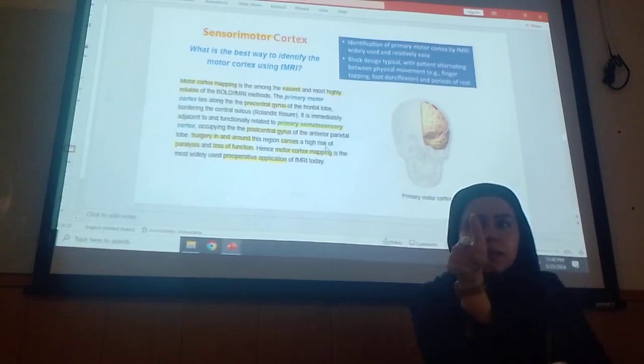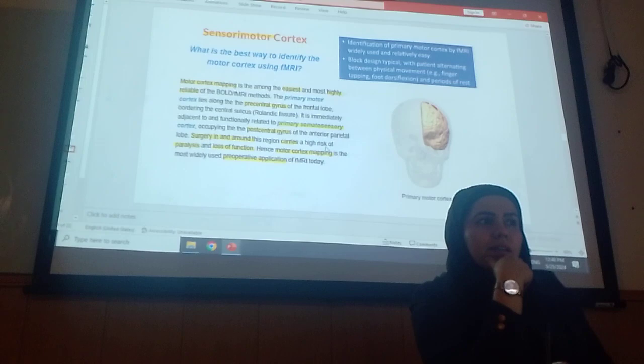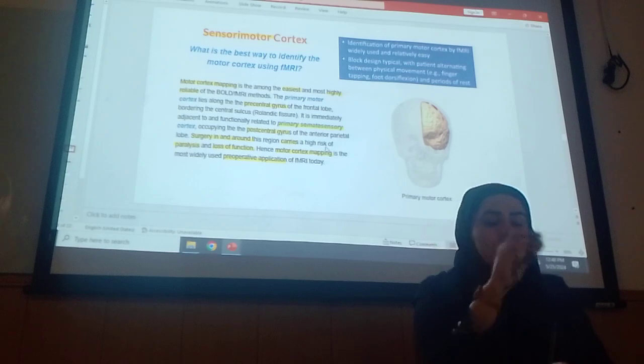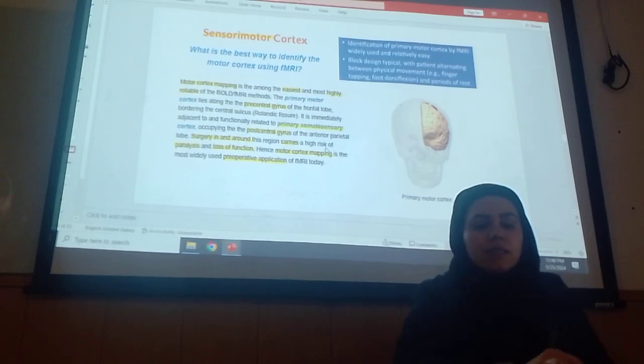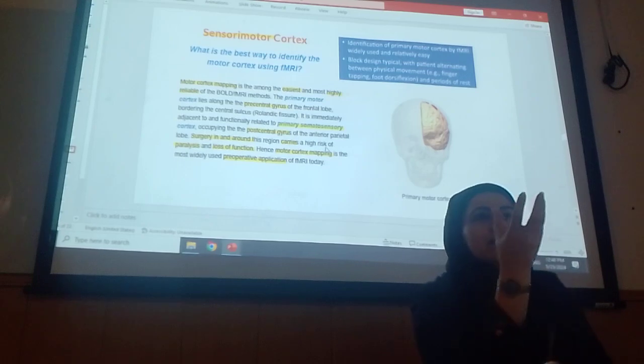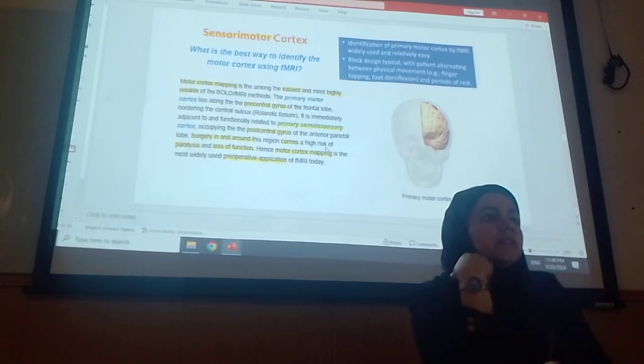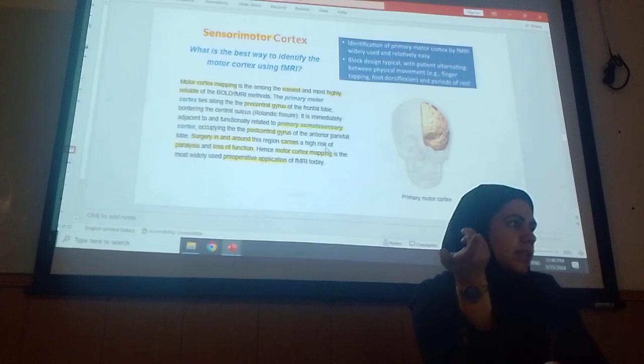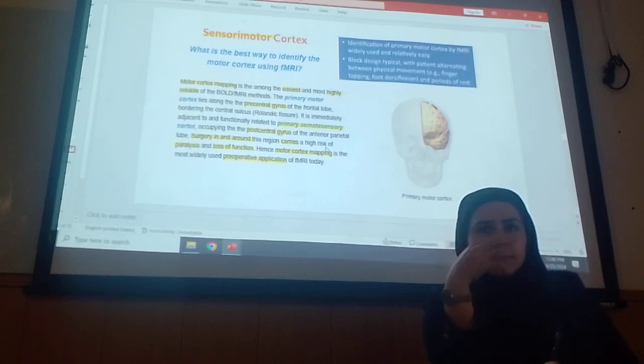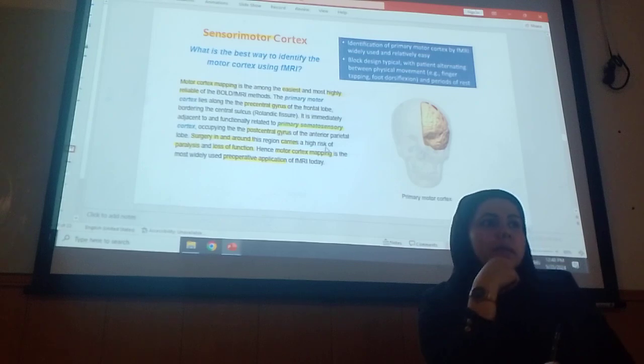Using functional MRI, we can have this map. What is important is that we set a special task related to the primary motor or sensory cortex. For example, finger tapping relates to the motor cortex. Finger tapping.